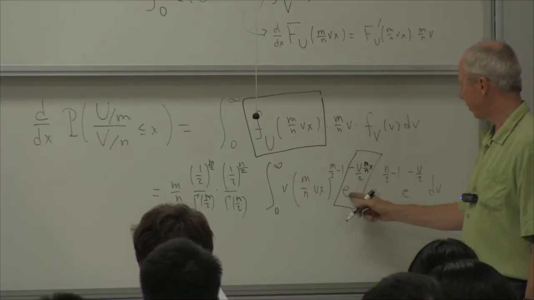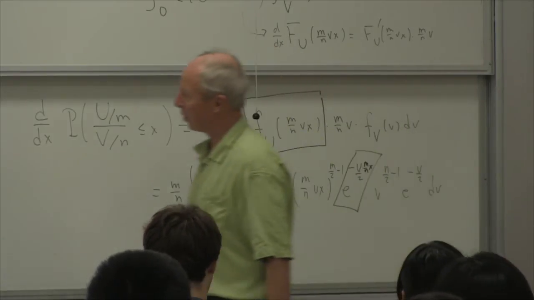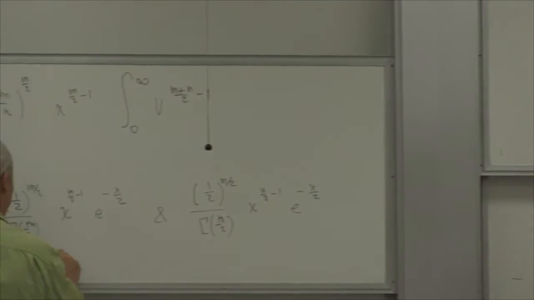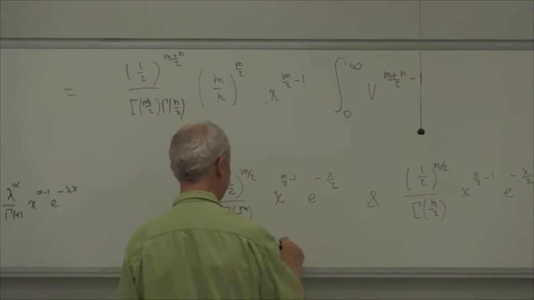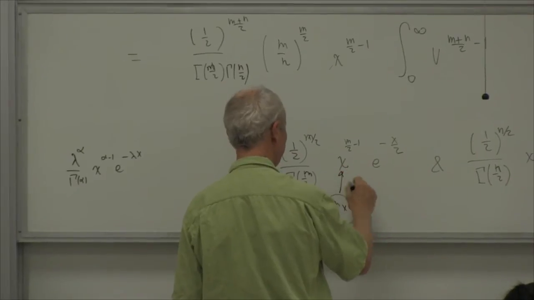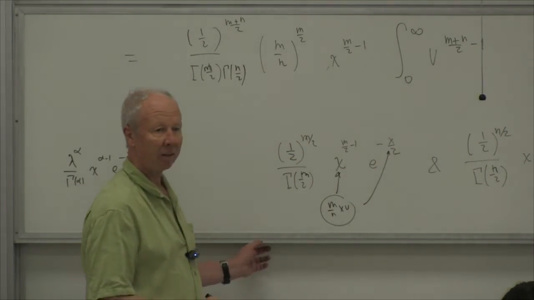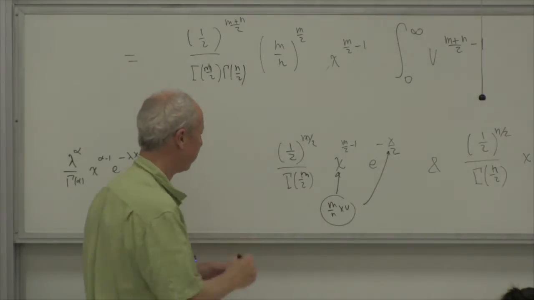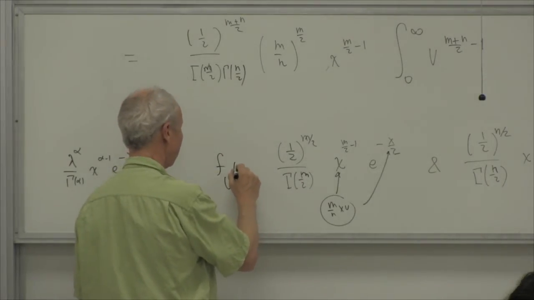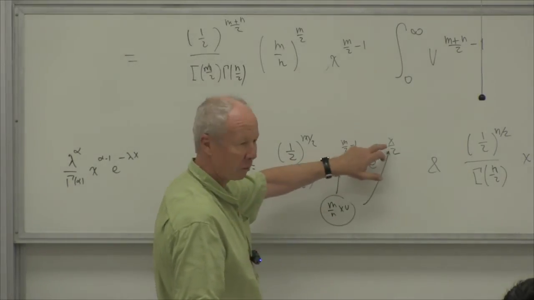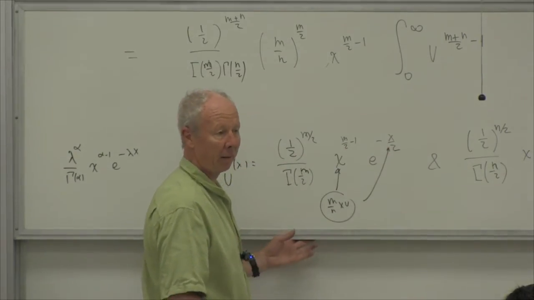I put v in for the exponential part. So I should be evaluating this at m over n x v. So that should go in here. It should also go in the exponent. I forgot to put it in the exponent. Okay, this is the density for u. Not to evaluate it here. I did it correctly there, but I forgot to put it in the exponent.